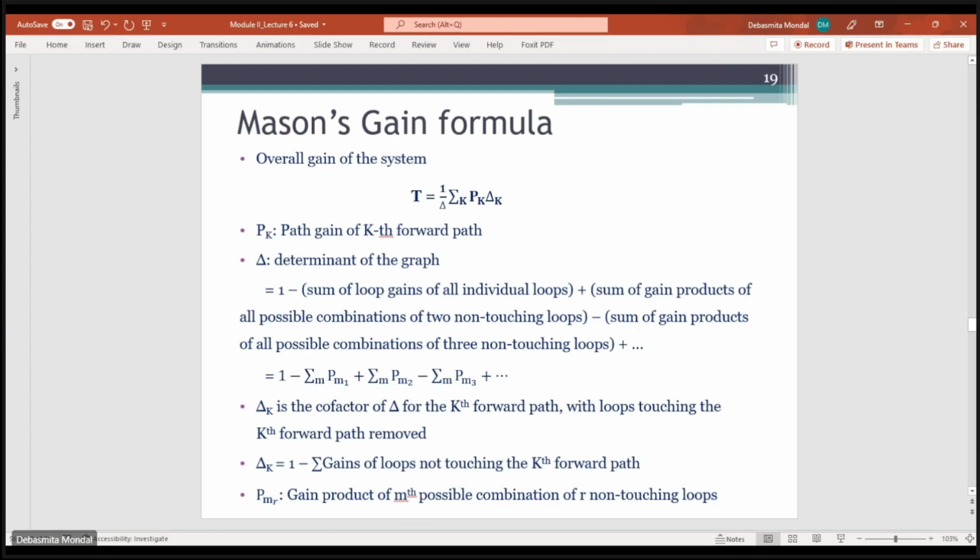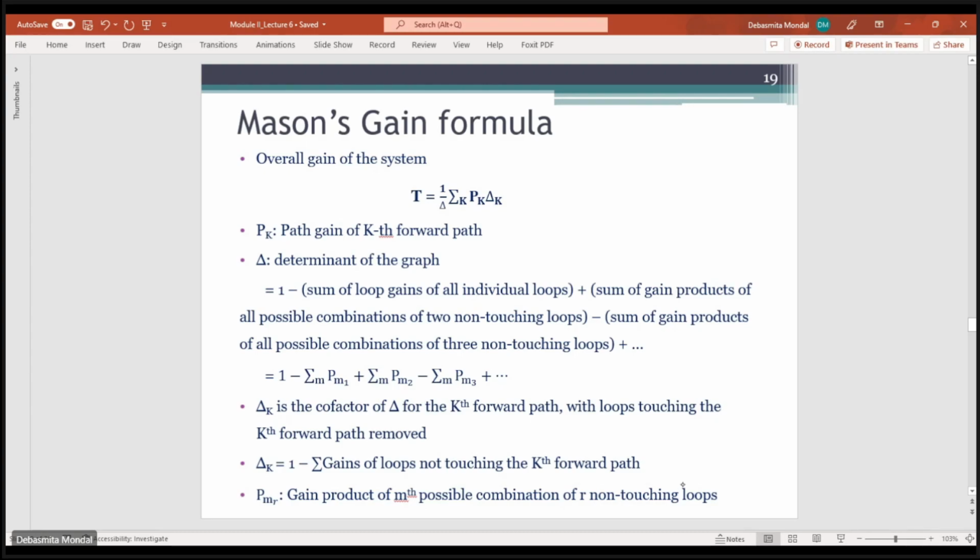Non-touching loops, as we have already told, means that if two loops do not have any common node, that is known as a non-touching loop. Right. So now let's say you have 2 or 3 non-touching loops. Then you have to find out the possible combinations.